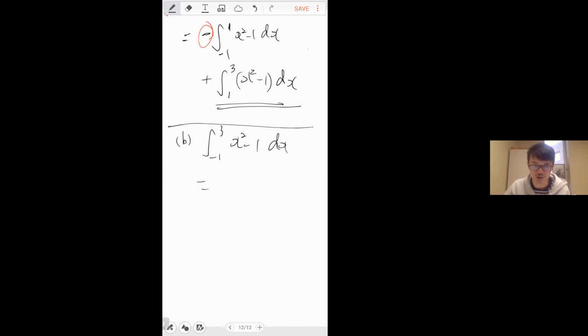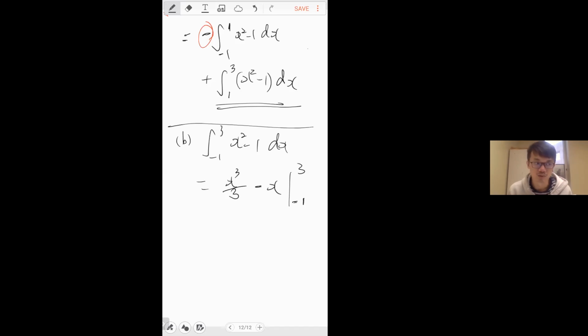So for the second part, the definite integral of x squared minus 1 from -1 to 3 will be just computed as usual. You compute the antiderivative of x squared minus 1, and then you plug in -1 and 3. So this would be just x cubed divided by 3 minus x, and then you plug in -1 and 3. And for people that are interested, the second part is actually calculating the displacement.